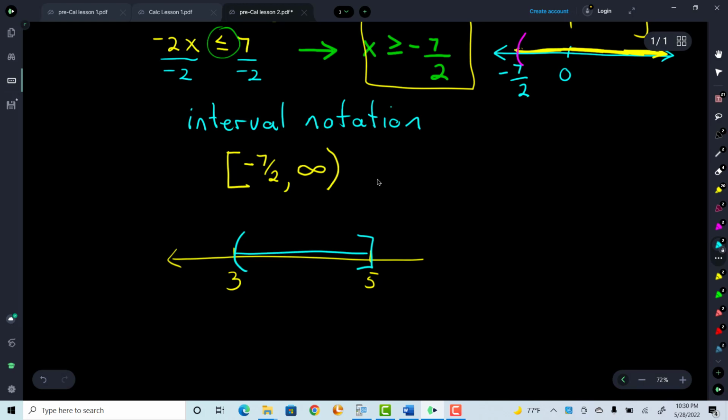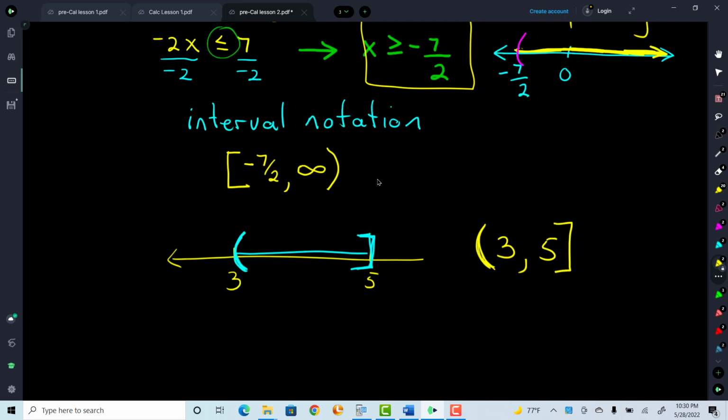Everything between 3 and 5. Does it include the 3? No, it does not include the 3. Does it include the 5? Yes, it does. So in interval notation, it will look like this: parenthesis 3, comma 5, bracket. That's our interval notation.